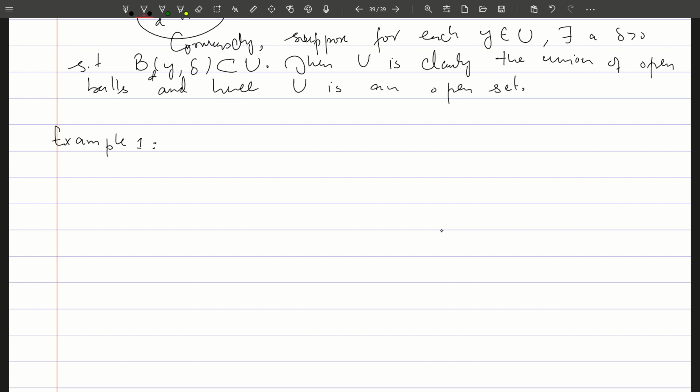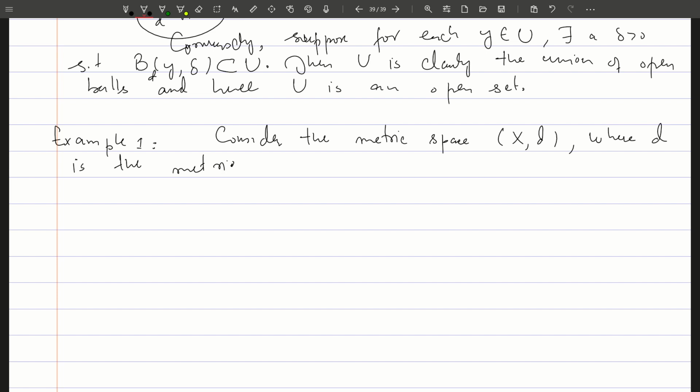Consider the metric space (X, d), where X is assumed to be non-empty and d is the discrete metric, i.e. d(x, y) is defined like this.